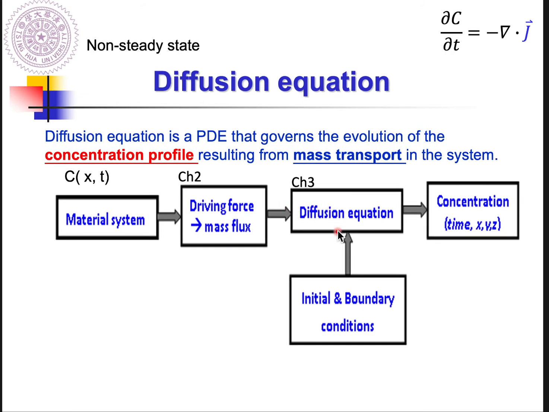Then you can formulate the diffusion equation, and based on suitable initial and boundary conditions, we can get the corresponding solutions to know how the concentration of diffusing atoms changes with time and location.